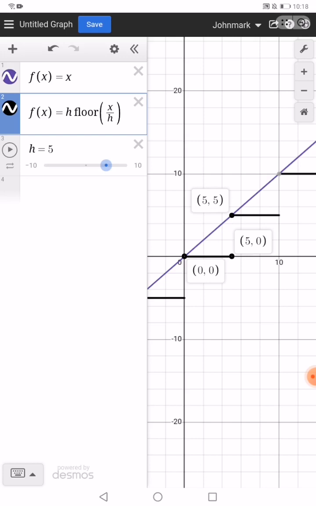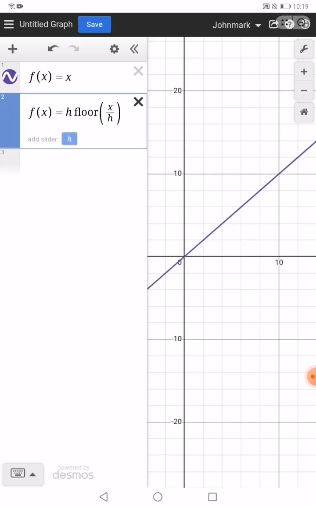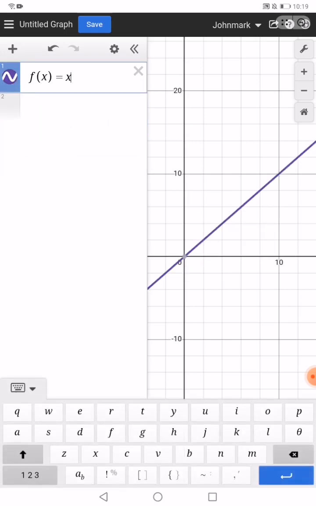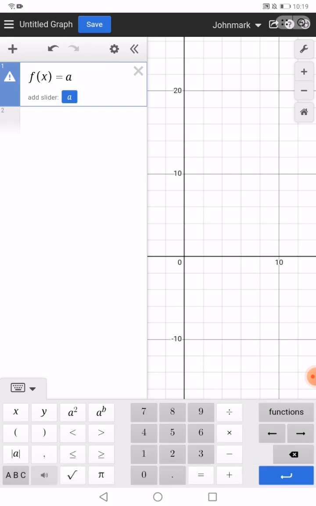So this time we'll be converting exponential functions into exponential step functions. From the nature of exponential functions, wherein we have a base, we raise it to a real number value of x.